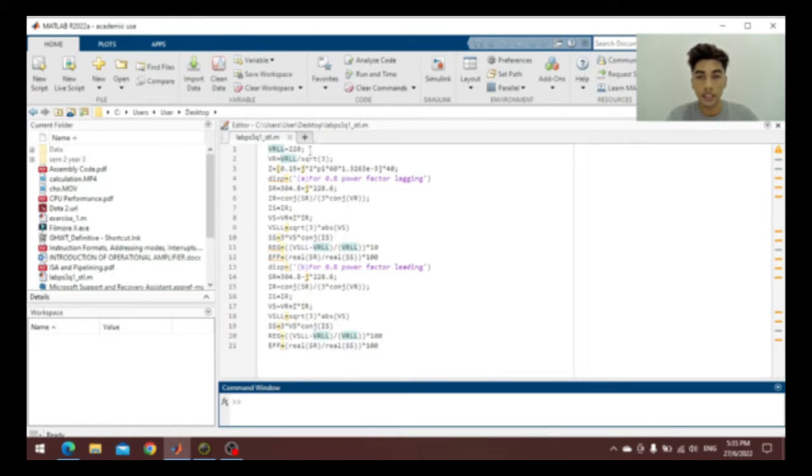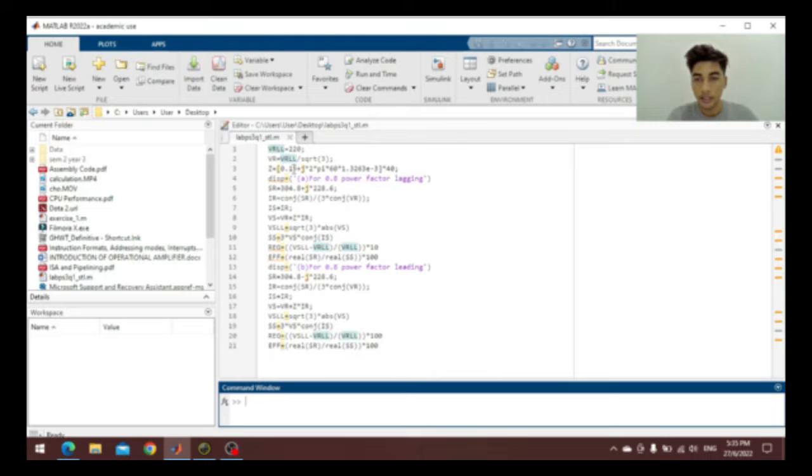You can get this coding from the lab sheet. For the first line, we include the VRLL and the value is 220, and VR equals VRLL divided by square root of 3. This is the formula for VR, and so on.